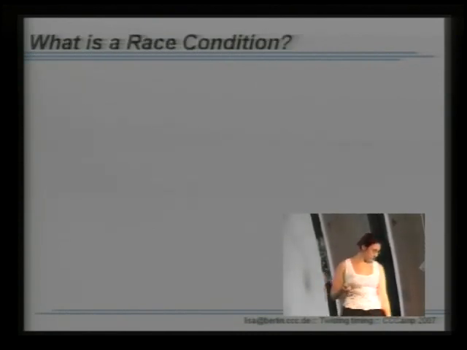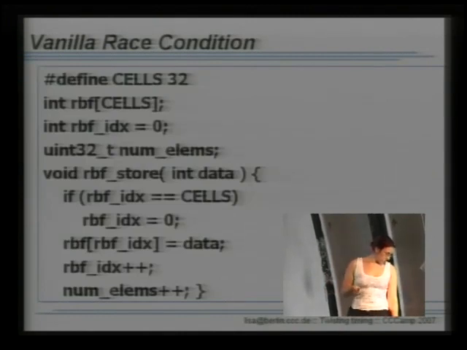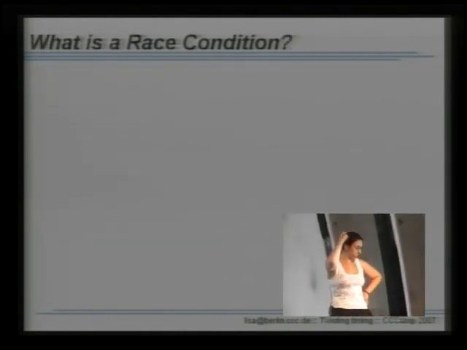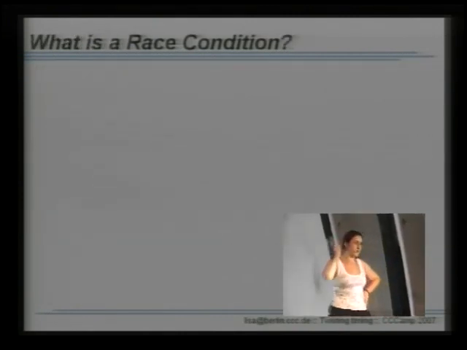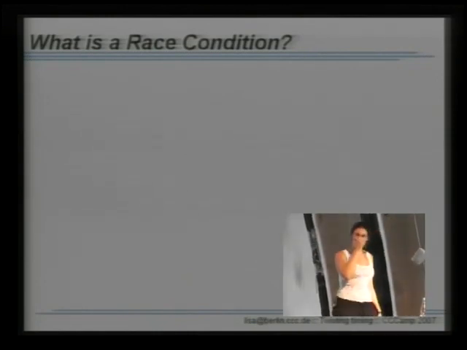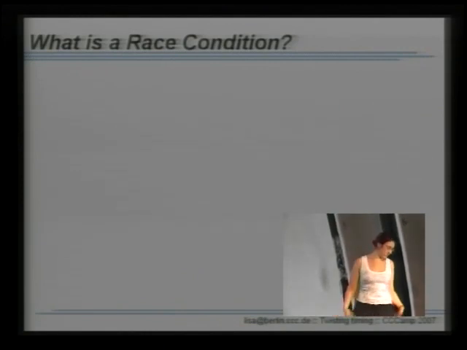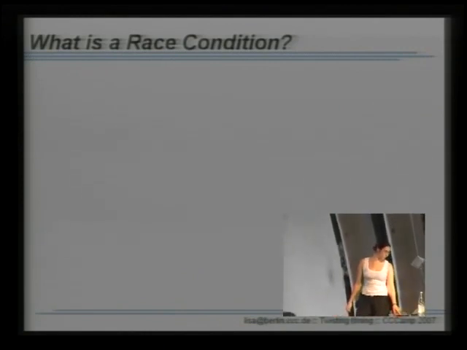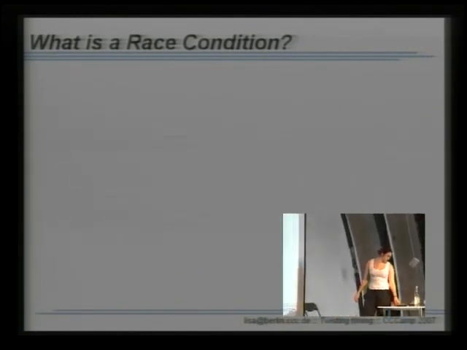So, what's a race condition? I think I'll start by showing an example. A really simple vanilla race condition, which may seem a bit cheesy because it's a constructed example, but I chose it for educational purposes.